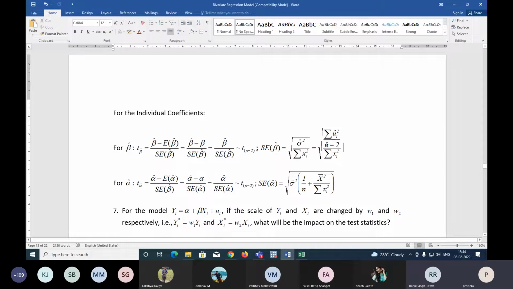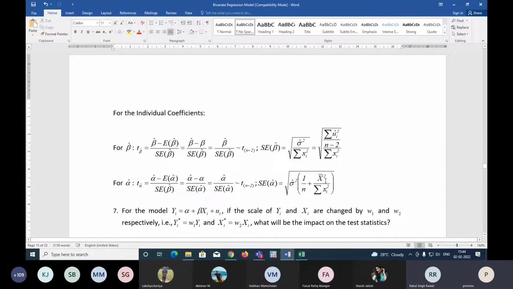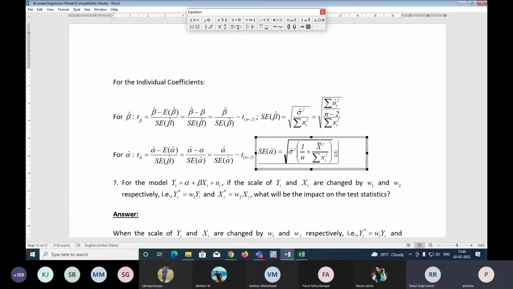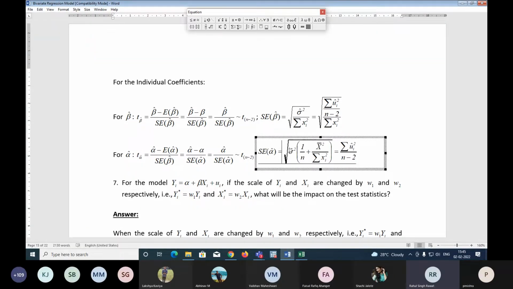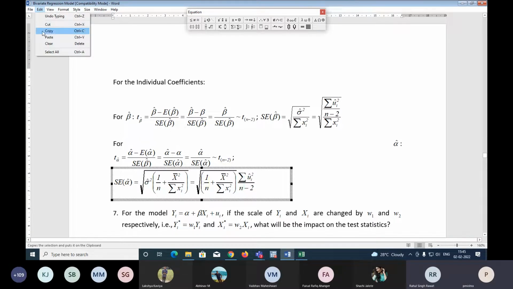I'll copy this part from here, and then you basically take this inside the square root.